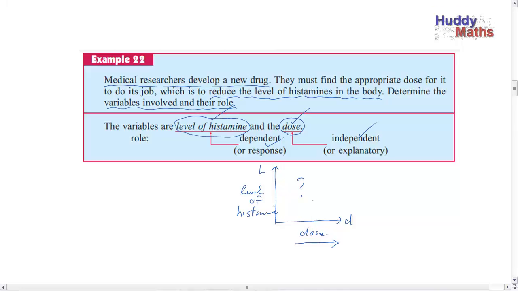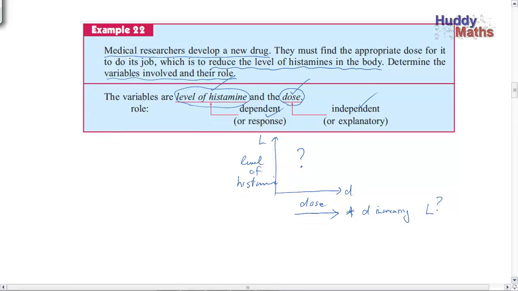You get the idea. There are some conventions. And please note that when we're talking about the independent variable, we usually talk about D, or the independent variable increasing, going that way, and then we question what happens to the level of histamine. It's just a convention, so everybody is working the same way, and there's some consistency.